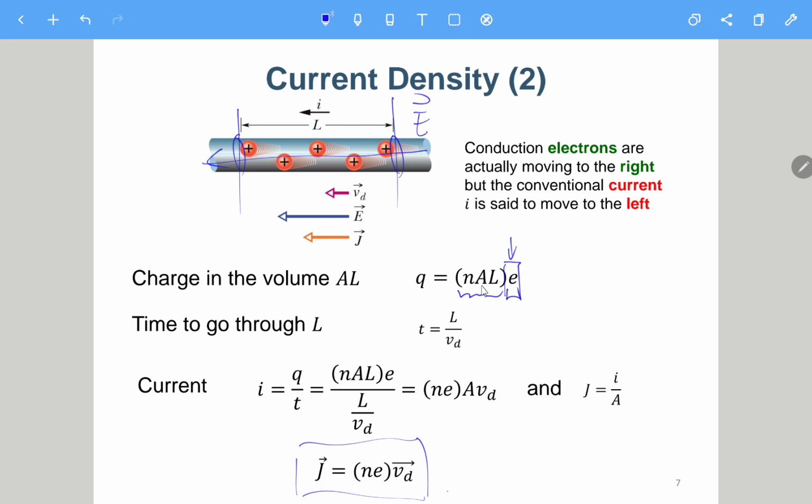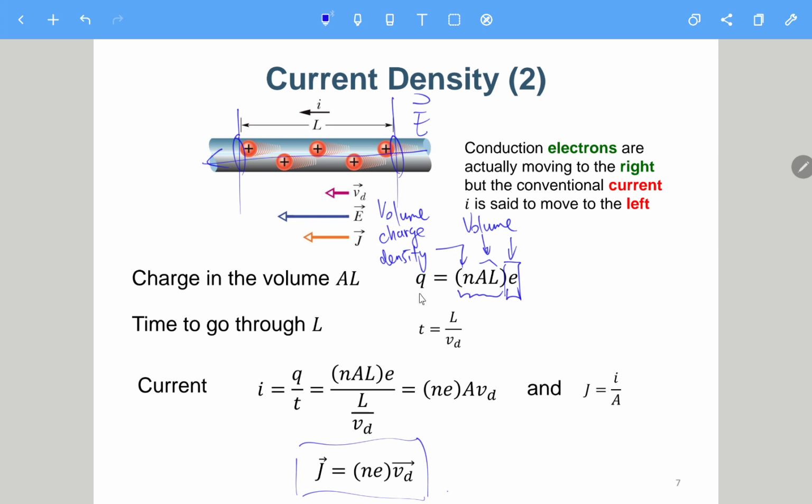Here A is the cross section area, L is the length of this cylinder, which means that A times L is the volume, and n is the charge density, or more specifically, the volume charge density, which means how many charged particles are inside a unit volume.